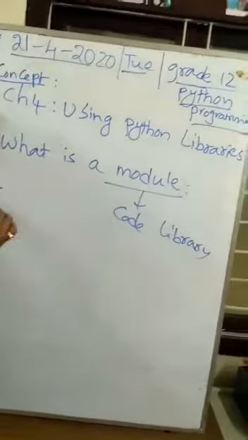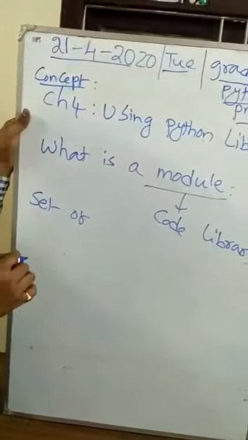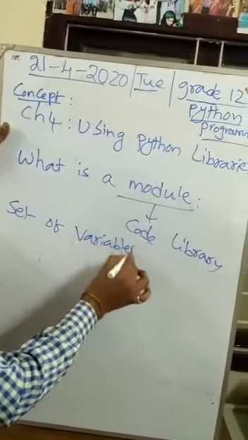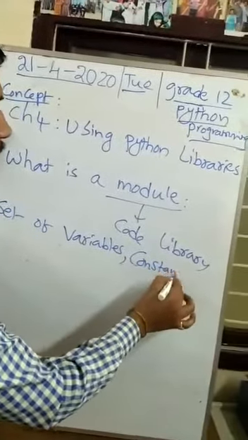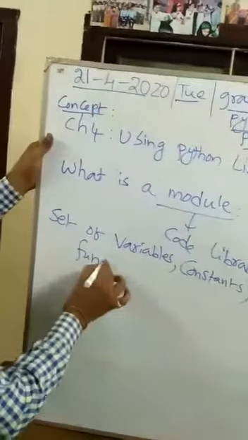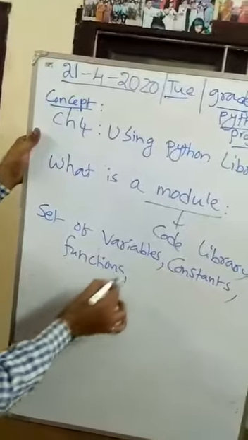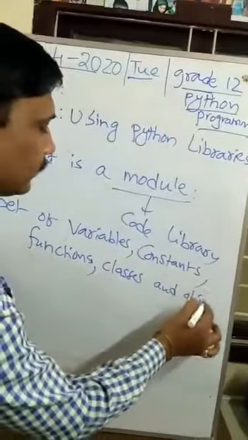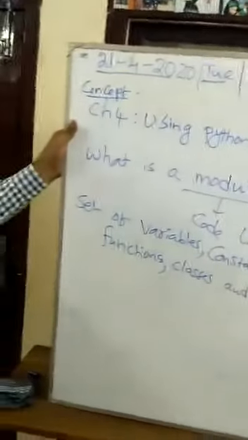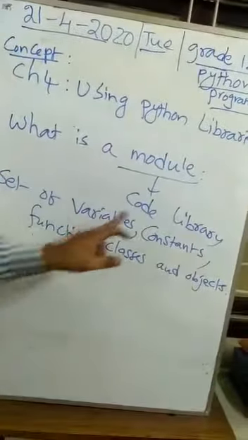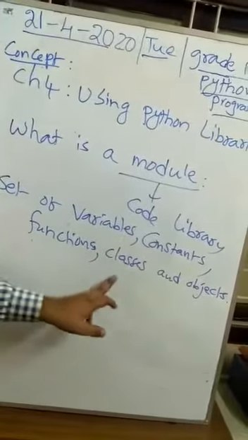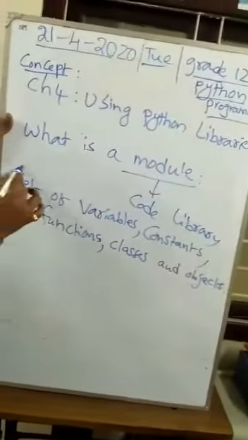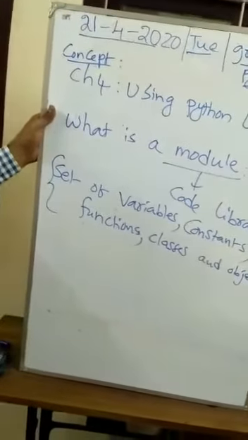So it consists of one or more sets of variables, constants, functions, classes and objects etc. So every module consists of one or more variables, constants, functions, classes or objects. These are used for reusability purposes.